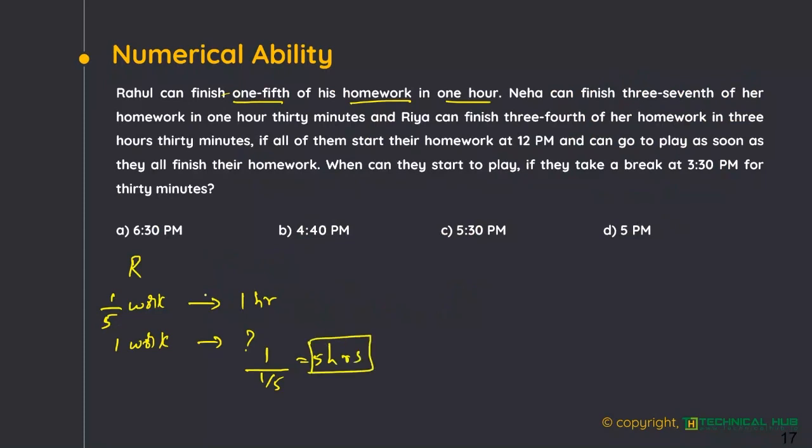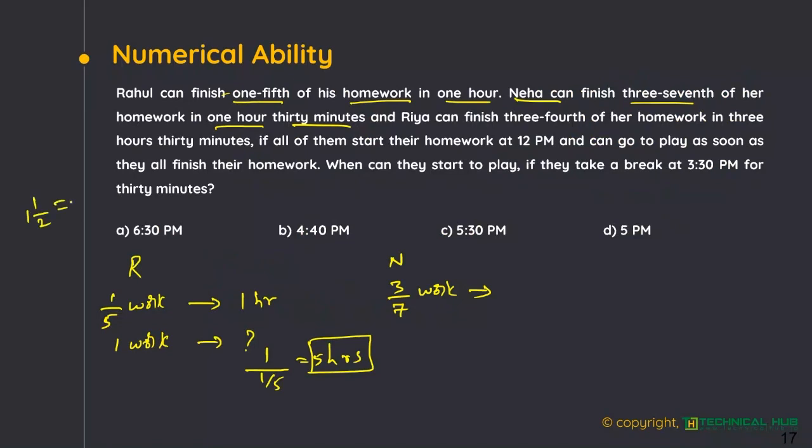And next, the second person, Neha. Neha can finish 3/7 of her homework, 3/7 of the work, in 1 hour 30 minutes. 1 hour 30 minutes means 1.5 hours, which is equal to 3 by 2 hours.